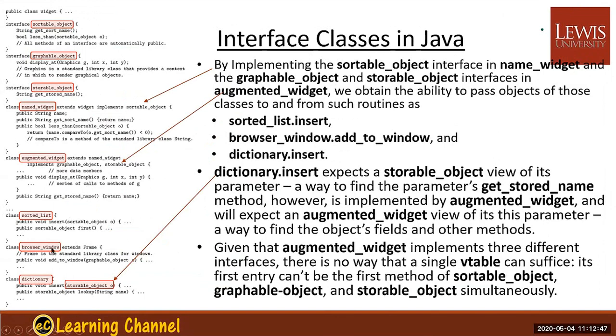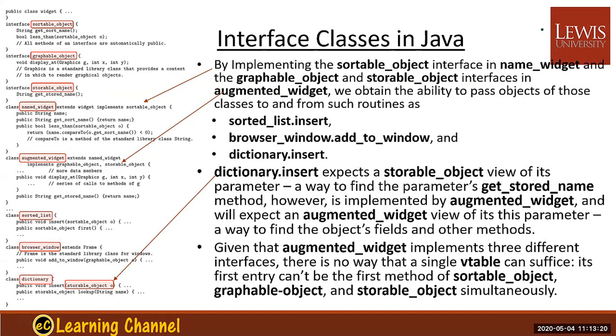Here we have the sortable class, the browser window, and the dictionary, and they have functions inside the class. You can do insert, and these will operate on the sortable object, or on the graphable object, or on the storable object. On the right-hand side it explains what insert in the dictionary will do.